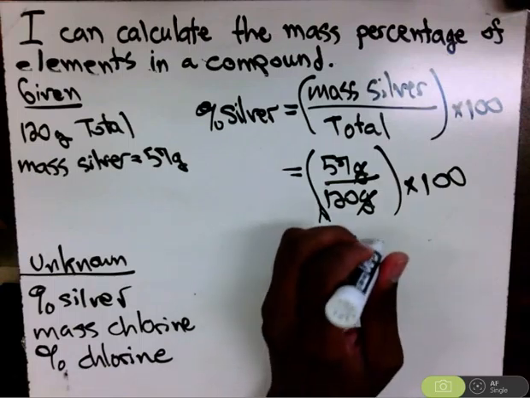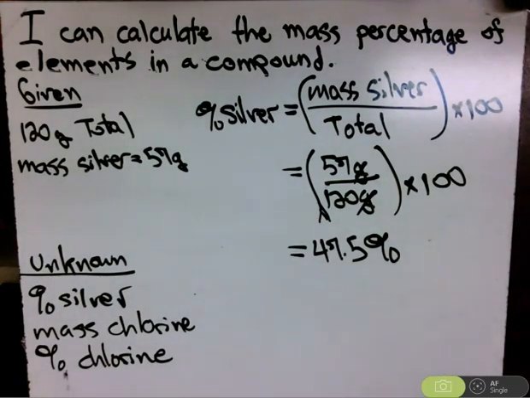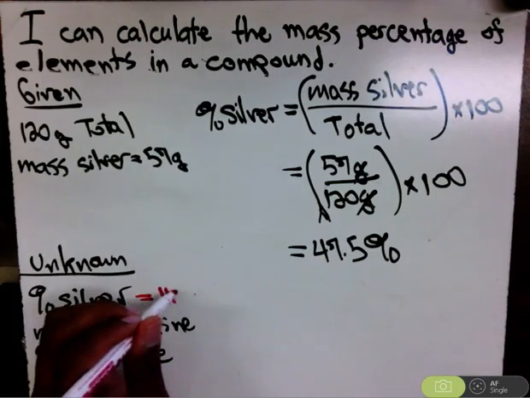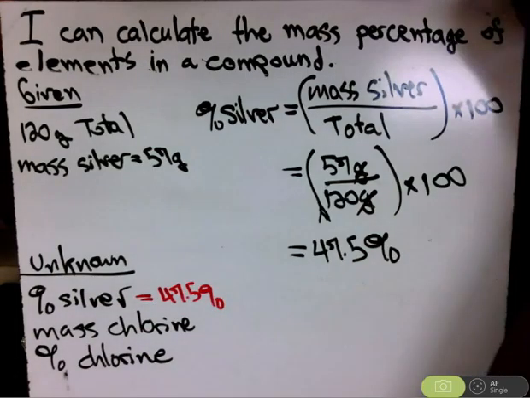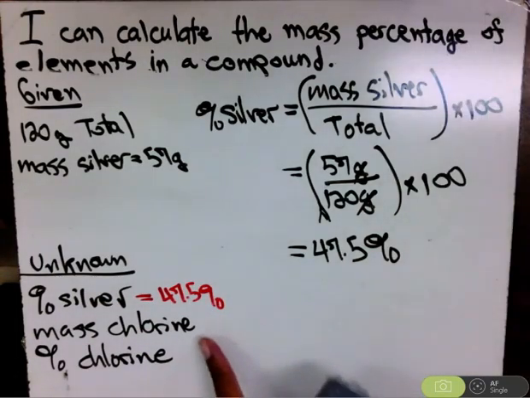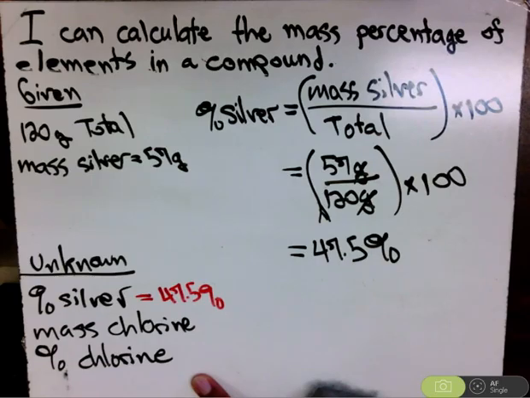And this is a percent. So I have 47.5% silver. So I solved for this unknown. That's done.